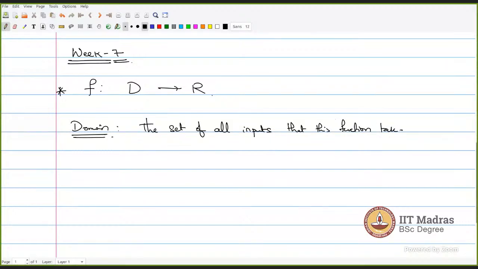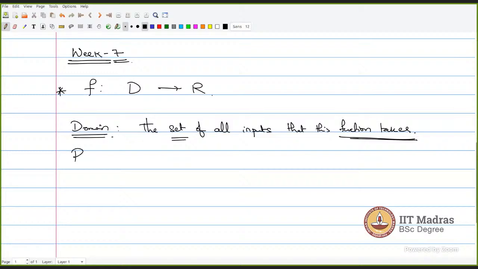When I say this function takes a value, it means that if I input that particular value into this function, it is well defined and will give me a proper output. Then only does this function take this value, and all such values are called inputs. If I keep them in a set, that set is called the domain.